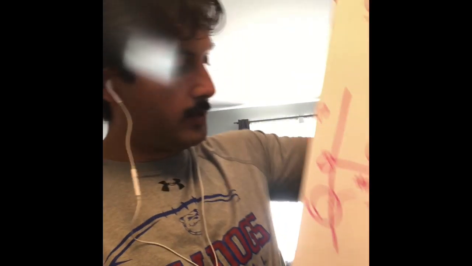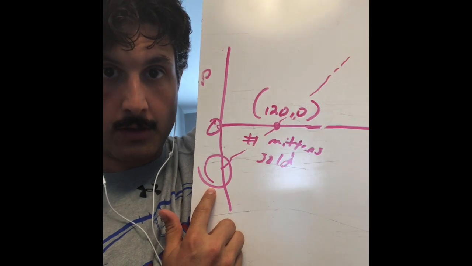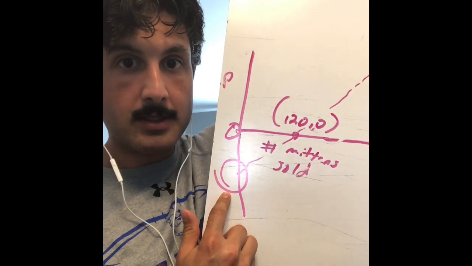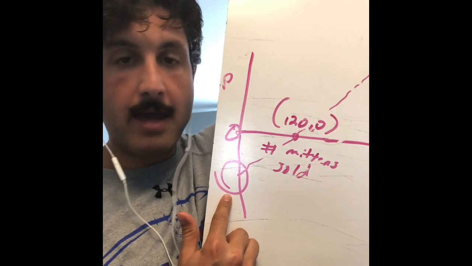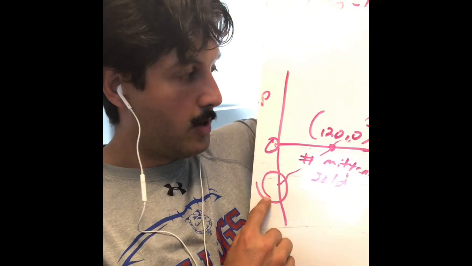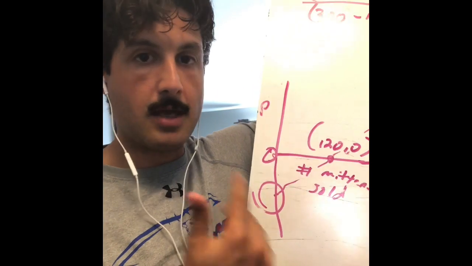The easiest way to do that is to put it into the equation and find b, which is your y-intercept. Because the point you're looking for is how much money they had when they hadn't sold any mittens. That means they've just paid for the mittens. They haven't sold them. That point is going to tell you your y-intercept, and it's the initial cost to purchase the mittens. It's the same thing.